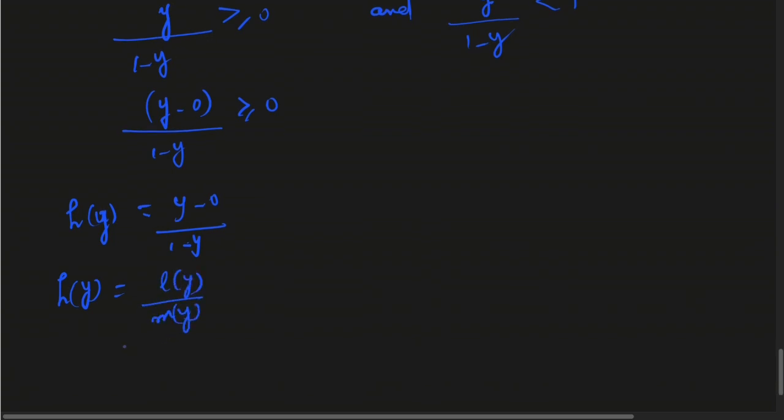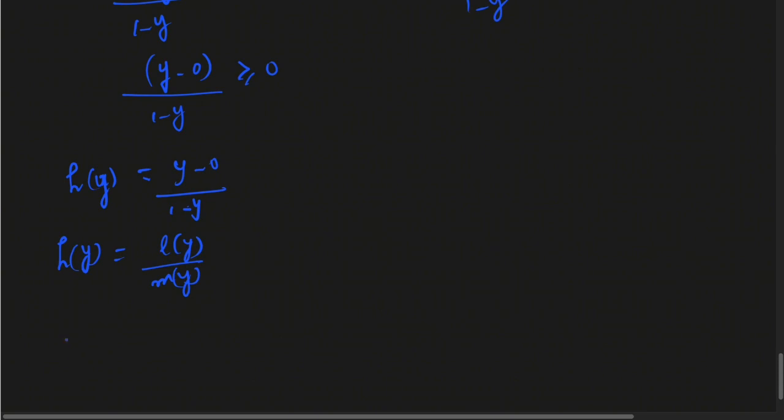We then find the zeros of L of y and m of y. The zeros of L of y and m of y are 0 and 1 respectively.